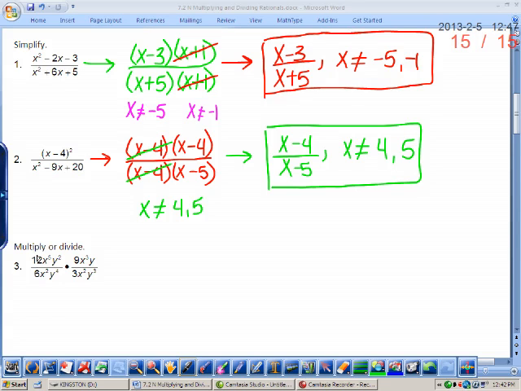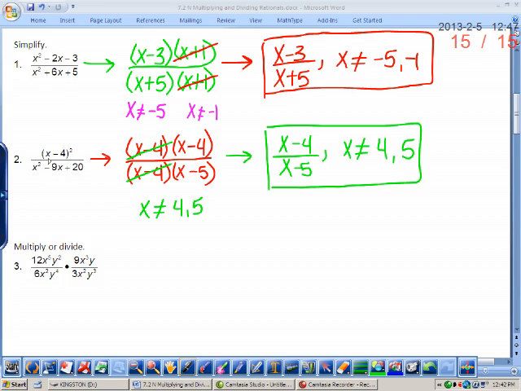Back on number 2, how come x couldn't be 4, like in x minus 4 over x minus 4? The reason x can't equal 4 is because at some point in this expression, if you plugged in 4, you'd get an undefined situation. If I plugged in 4 right here in my original, I end up with 0 in the denominator. And if at any time an x value gives you 0 in the denominator, then the expression is undefined.